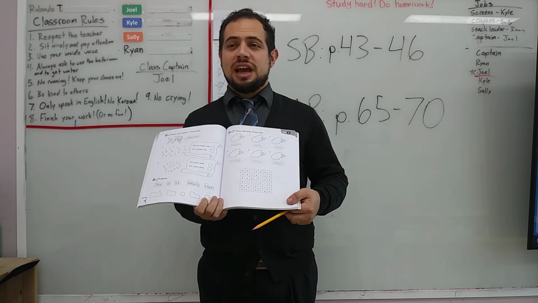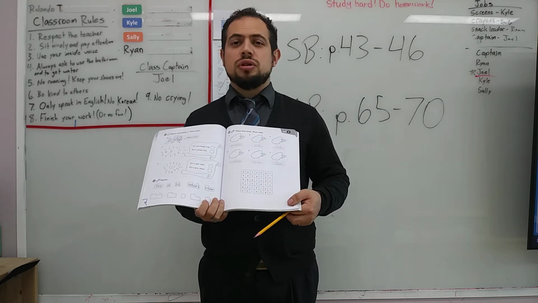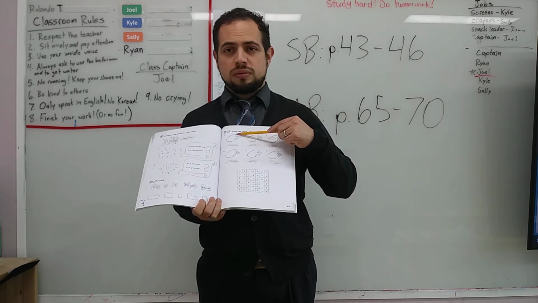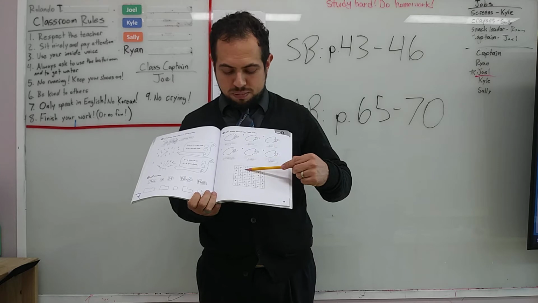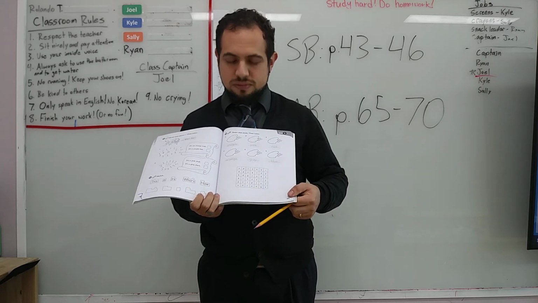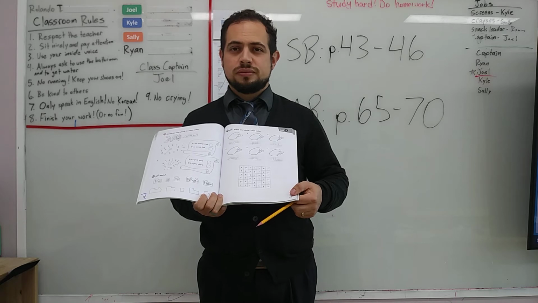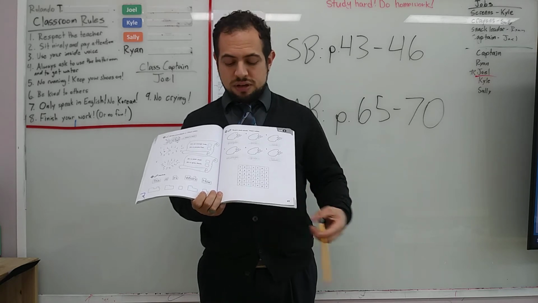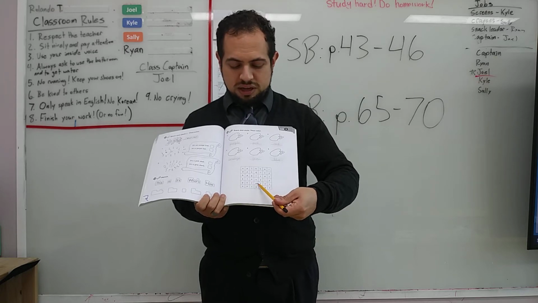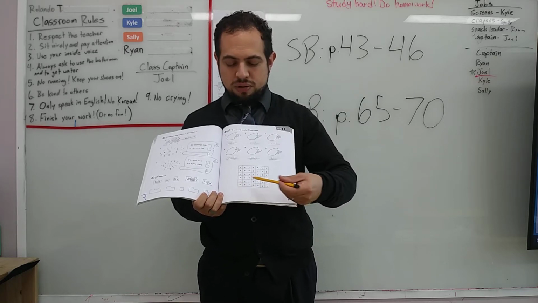Let's find one together so that you know how to do the puzzle. Let's start with number 1, purple. Let's see if we can find purple in the crossword puzzle. Have you found it? It's right here. P-U-R-P-L-E. Purple.